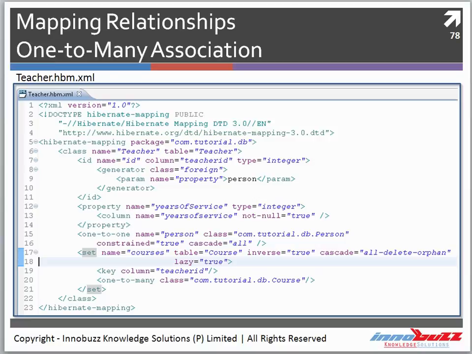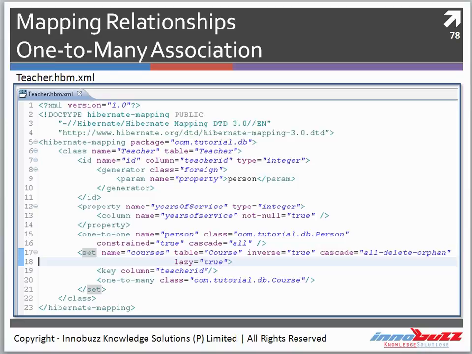Next is the cascade option, and for this example, we're using all-delete-orphan, which means that all the operations will be cascaded, and if any object is left orphan, meaning that the object is not on the collection, it will be deleted. The last option of this element is the lazy.